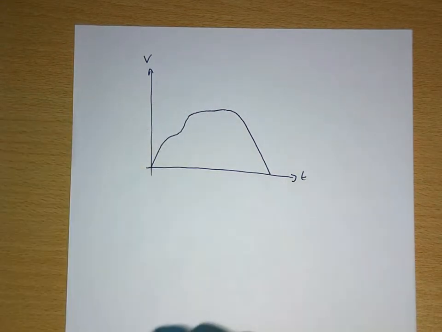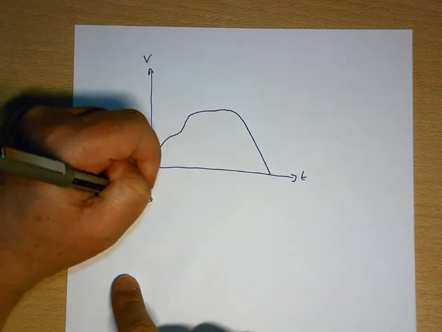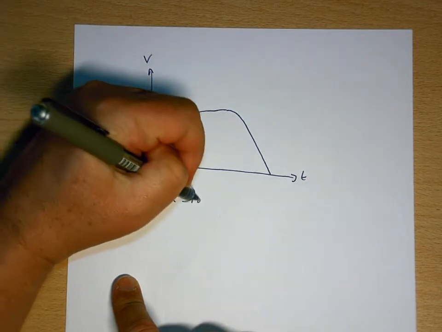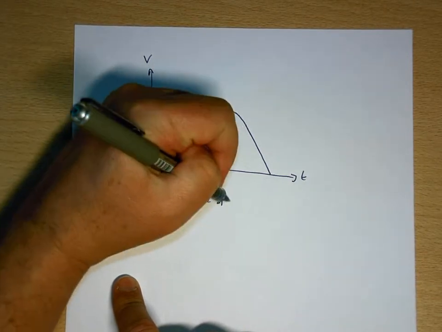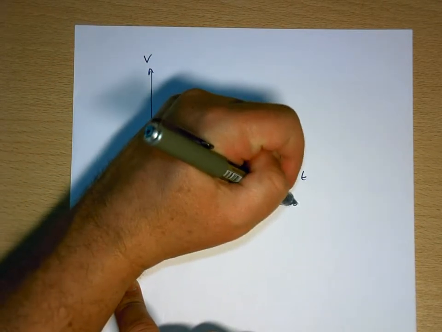So what we can get off a velocity time graph is acceleration, which is the rate of change of its velocity.